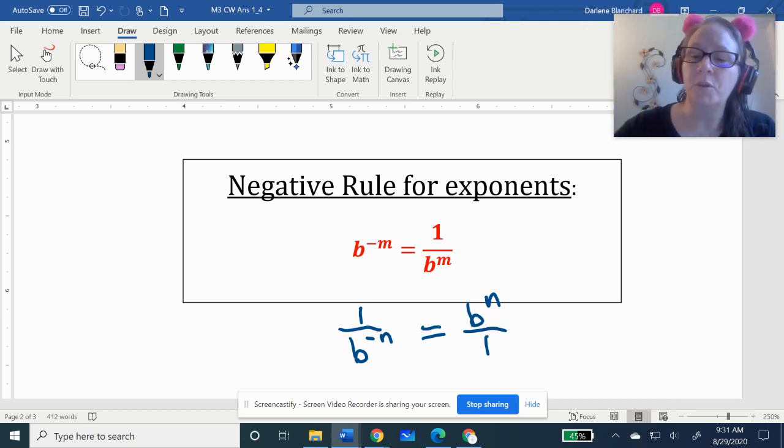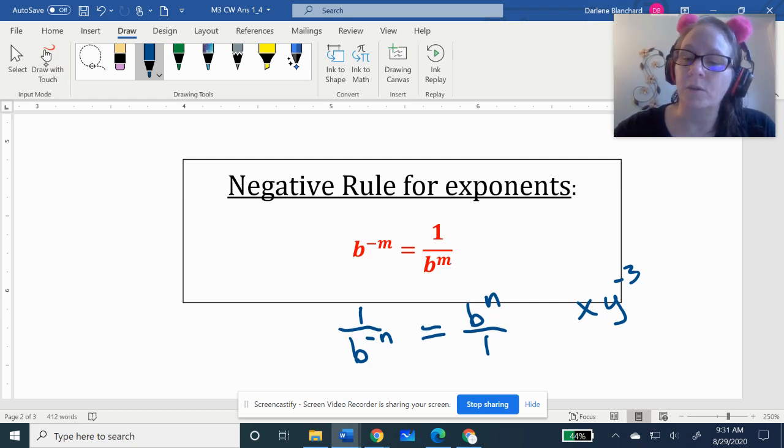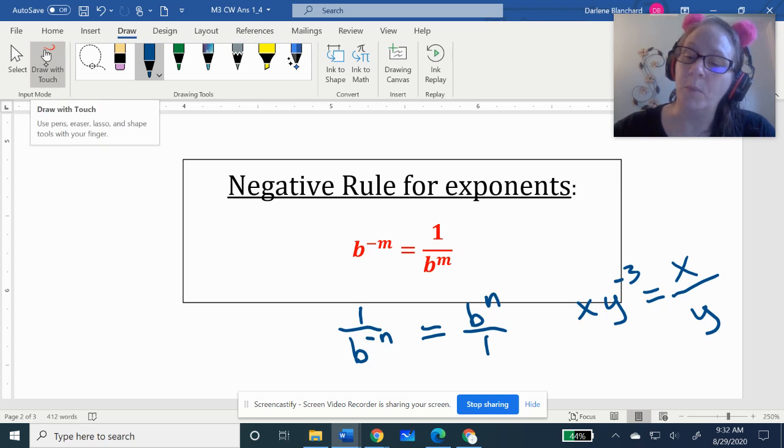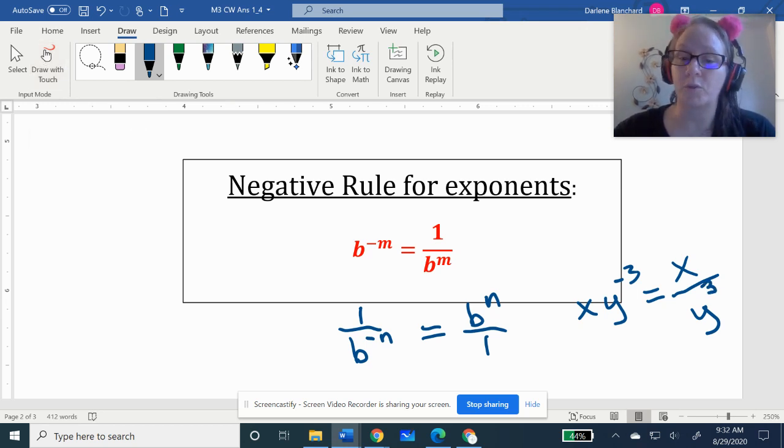So that also means if you have, let's say, x times y to the negative 3, only y has that negative exponent. It is the only one that needs to move to the other side of the fraction. So this would become x stays where it is in the understood numerator, and y goes to the bottom with a positive 3 exponent now instead of a negative 3 exponent.